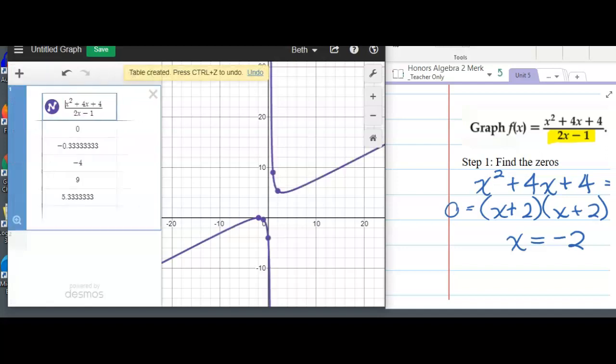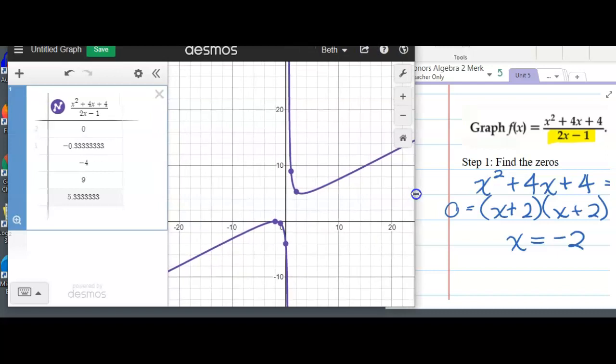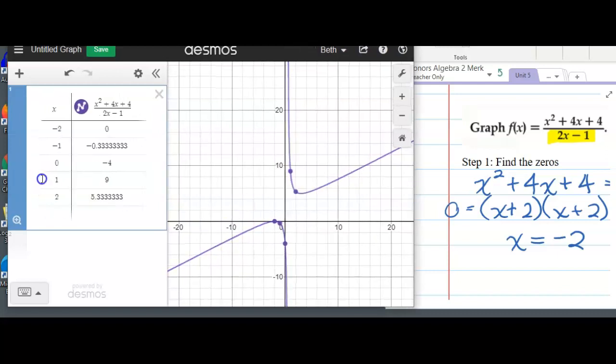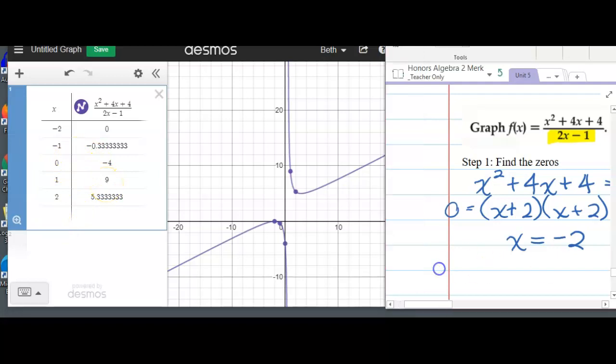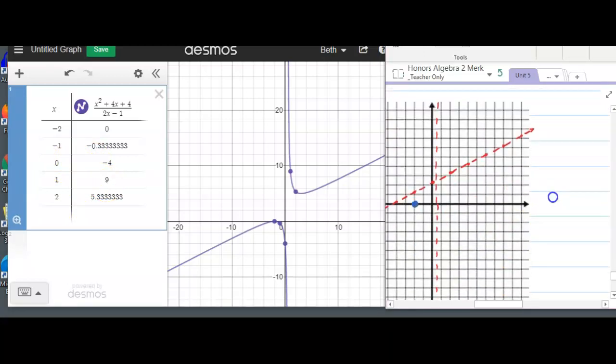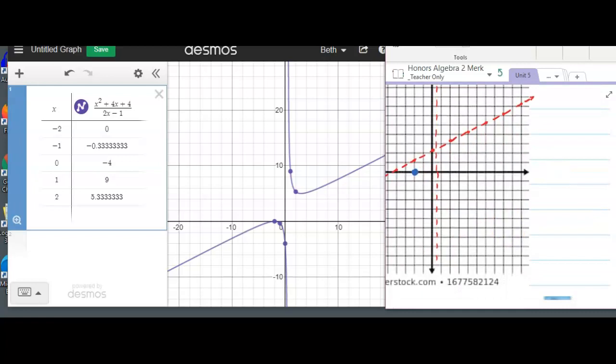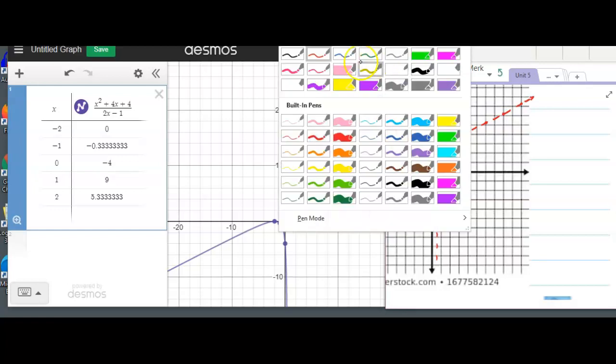If we look at our table of values, we get some fairly nice points here that we can graph. Going back to the graph, we already have the point negative 2, 0. It's already on there. Grab my blue pen.